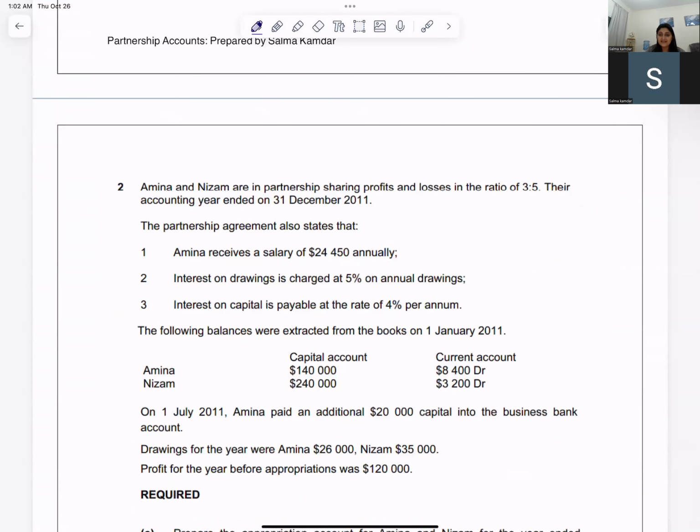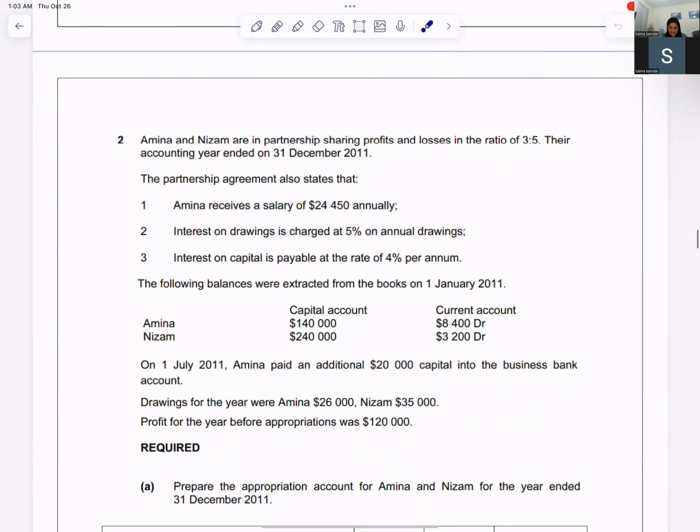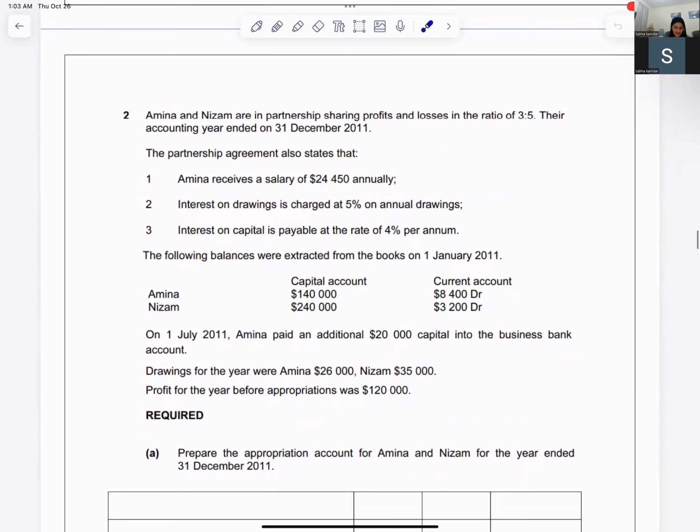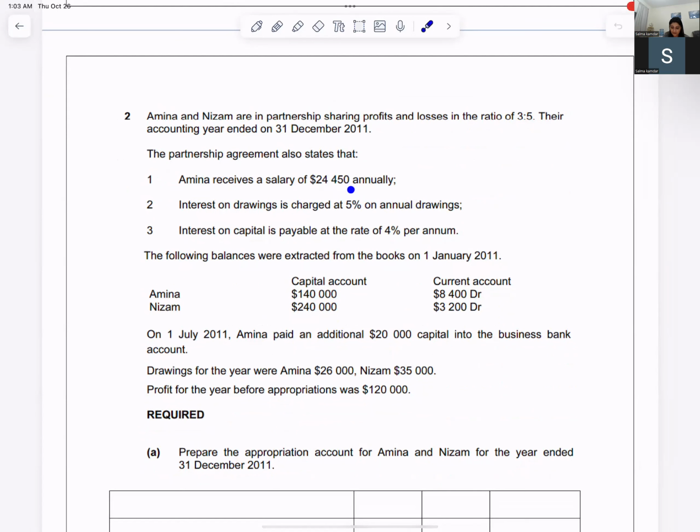Amina and Nizam are in partnership where they are sharing profits and losses in the ratio of 3:5. Their accounting year ends on 31st of December 2011. The partnership agreement states that Amina is receiving a salary of 24,450. Interest on drawings is 5%.